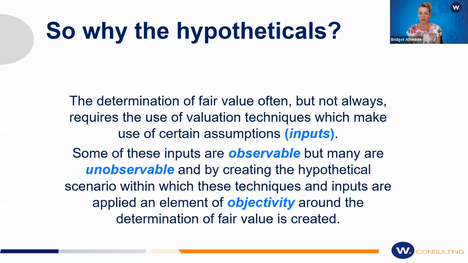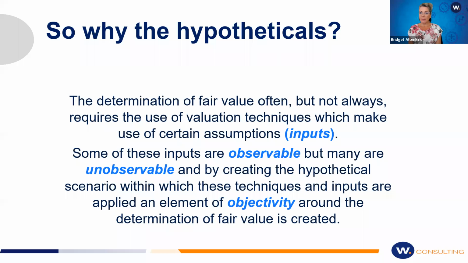So some fair value measurements may be relatively straightforward because there could be a market price, and we may know that market price is the price at which that asset or liability is going to trade. In other cases, there may not be any directly observable market price for an asset or liability. In those cases, management is going to need to develop this hypothetical scenario to try and estimate what would be the market price.